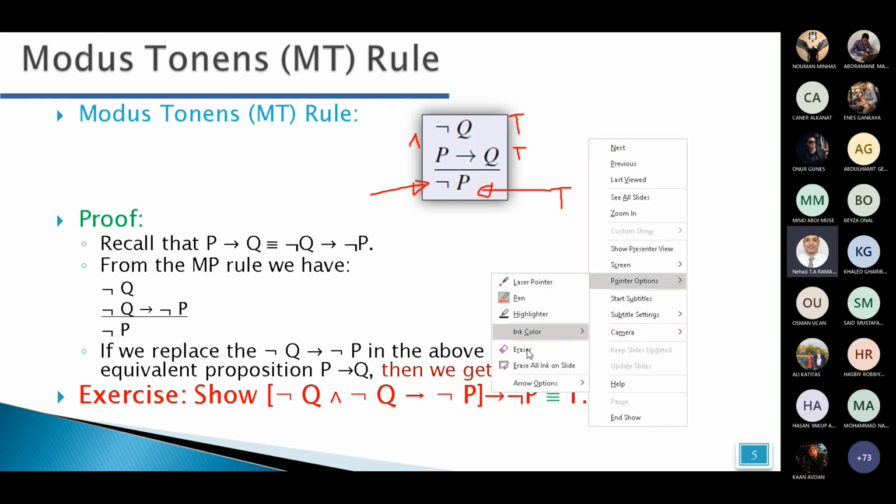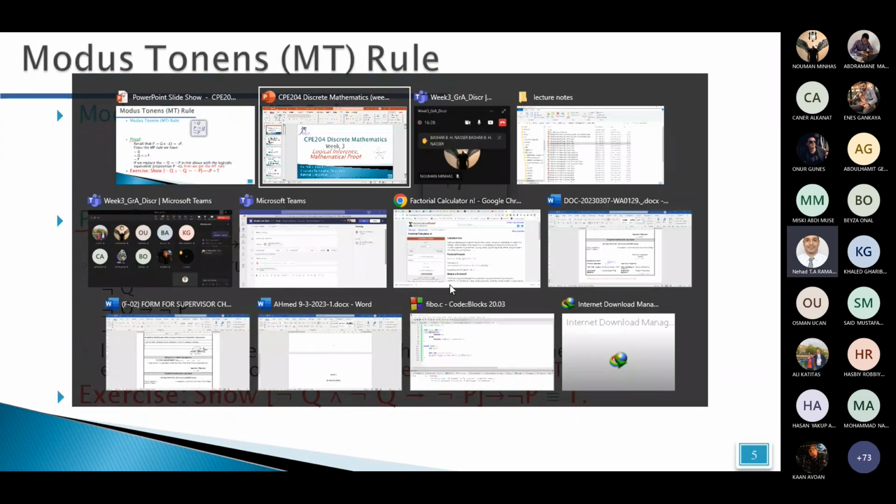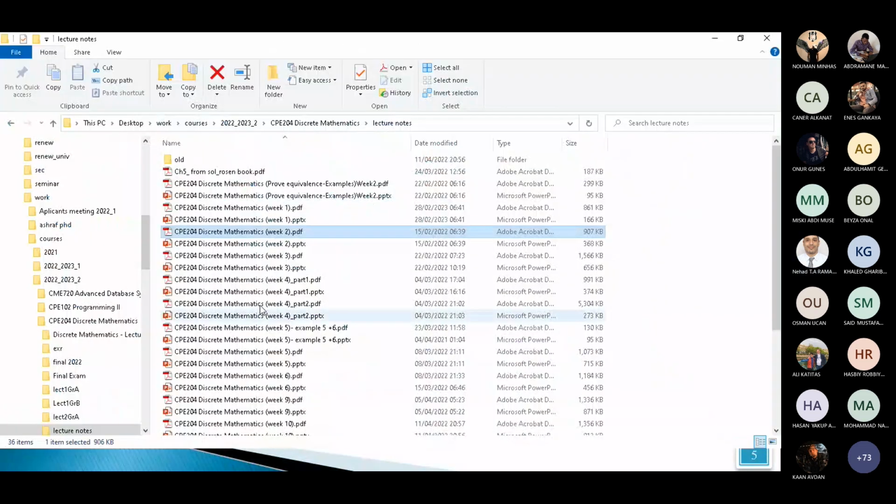We can prove this rule. For example, if you remember from the logical equivalence rules, P implies Q is equivalent to not Q implies not P. I can show you that we already took this rule here.